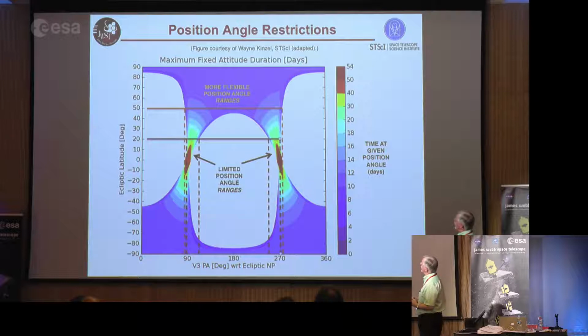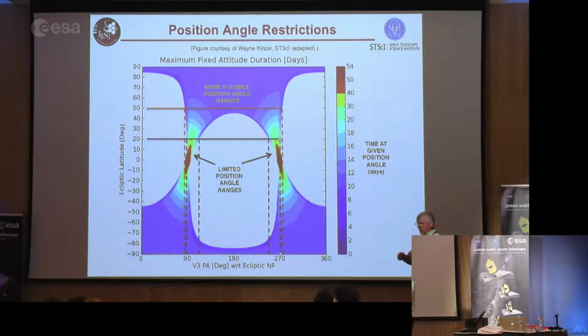But anyway, just as a reference point here, the colored region is the area that at any particular time JWST could observe. And you can see, again, what happens as you get above about 45 degrees: all of a sudden you've got one longer period all the way across in position angle that you can observe, whereas at these lower ecliptic latitudes there are two periods separated by about 6 months. The color coding here is the length of time you can stay at a given position angle. So most of the sky you can only stay at a given position angle about 10 days, if that matters to you.